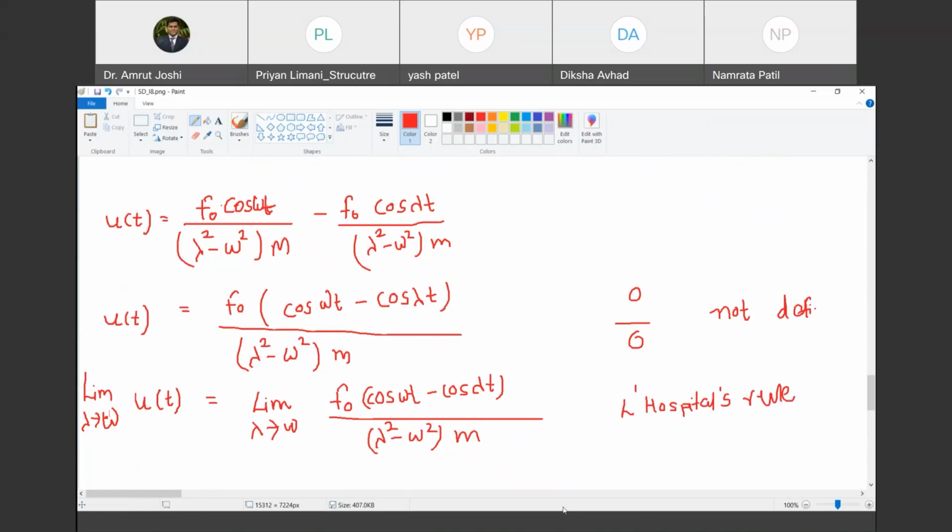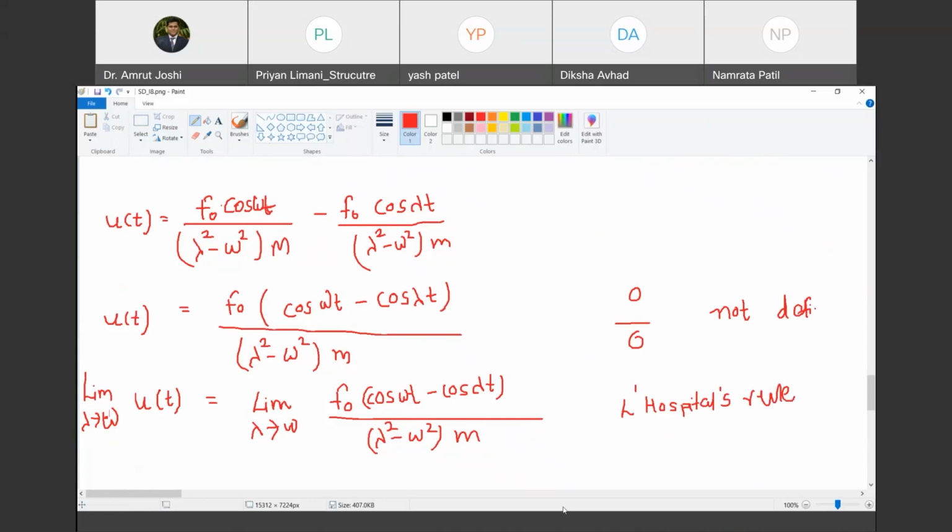And what is L'Hopital's rule? If you have a quantity which gives you 0 by 0 form in a particular limit, then you must differentiate numerator and denominator by what? By that quantity which is tending to omega.